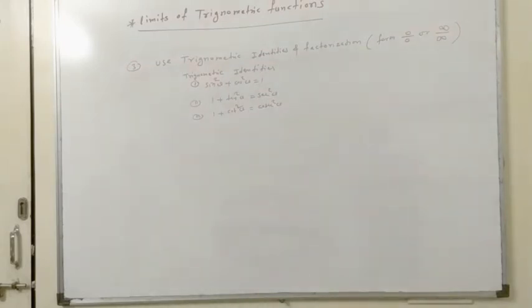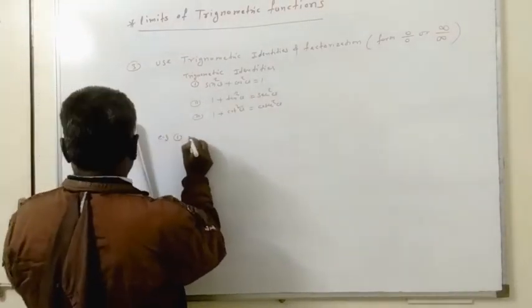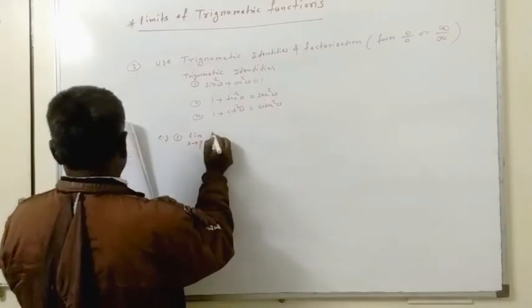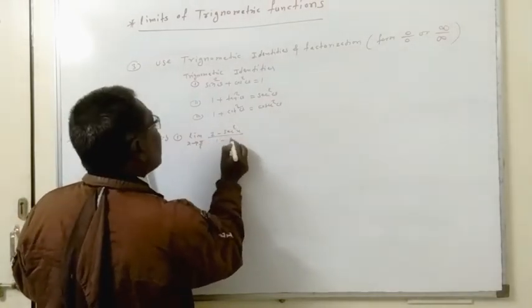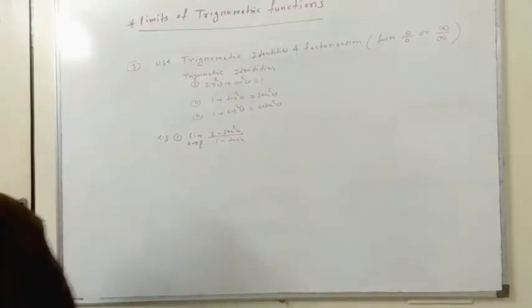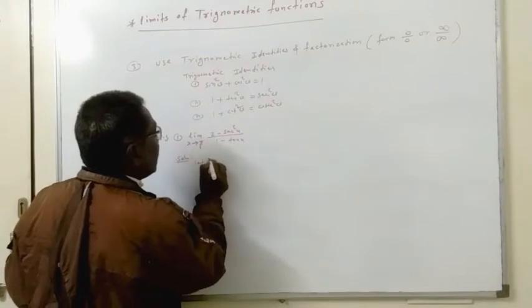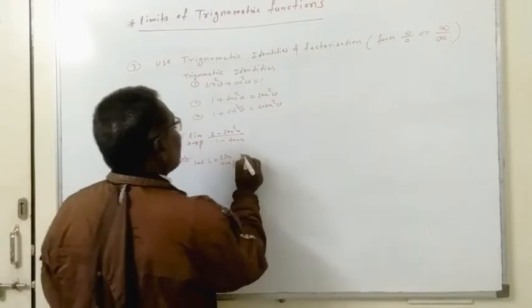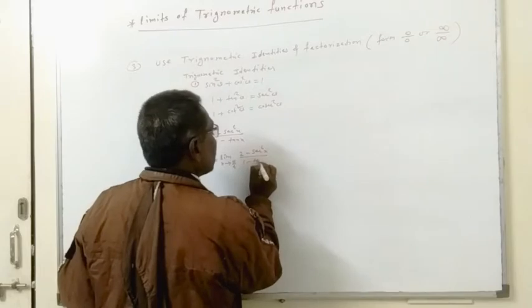Now take one example for this. For example, first: limit x tends to pi by 4, (2 minus sec square x) divided by (1 minus tan x). Solution. Let L be equal to the limit x tends to pi by 4 of (2 minus sec square x) divided by (1 minus tan x).